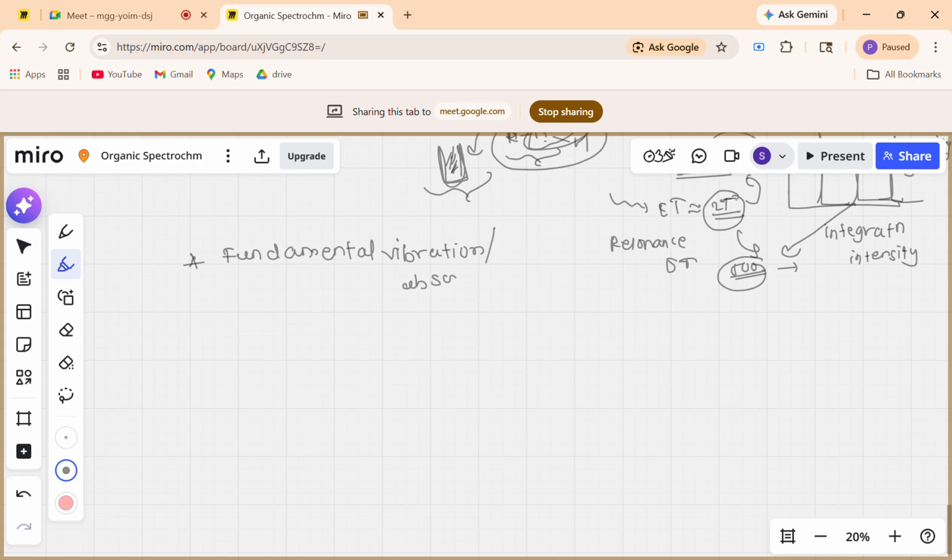So the first one is called the fundamental vibration, or the absorption.